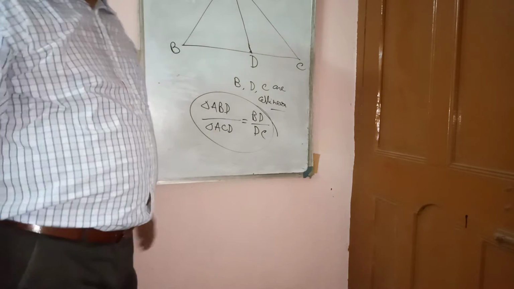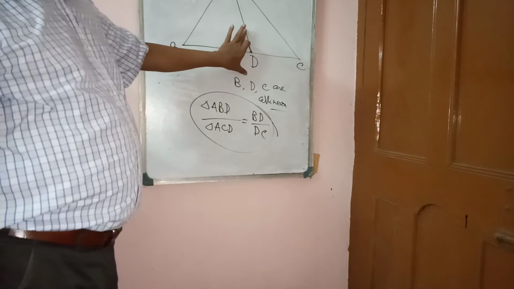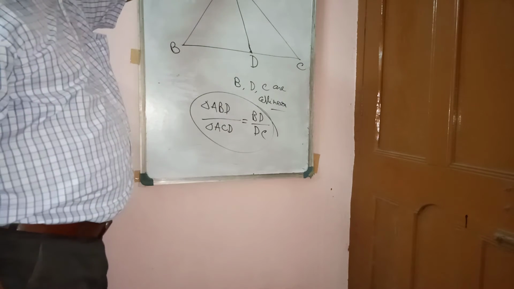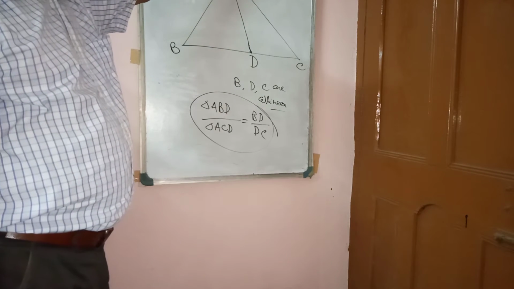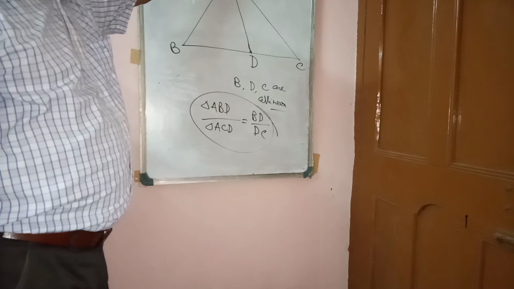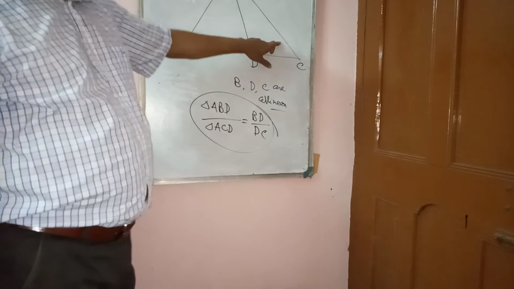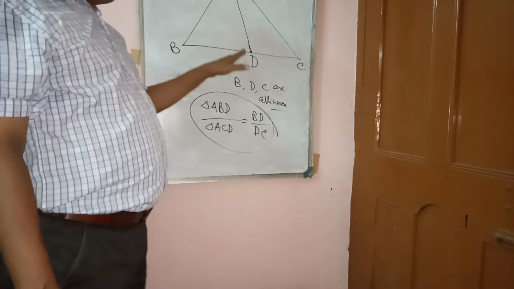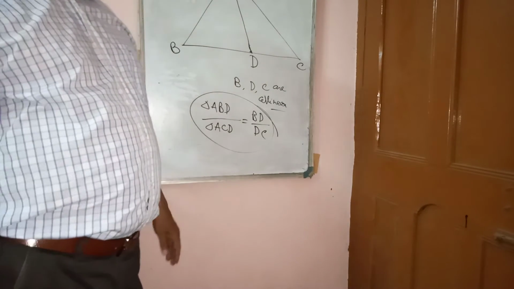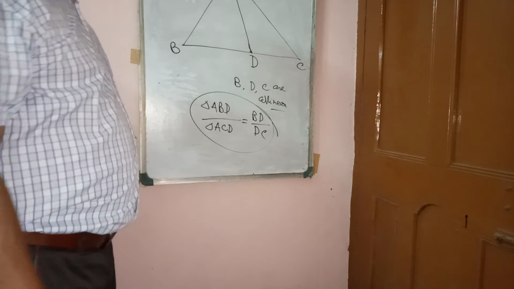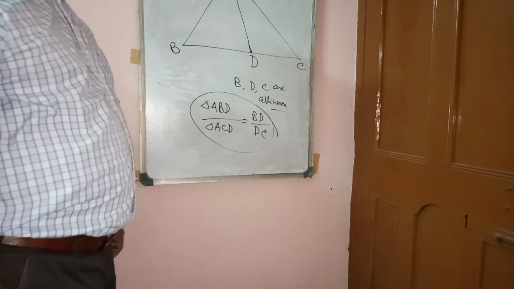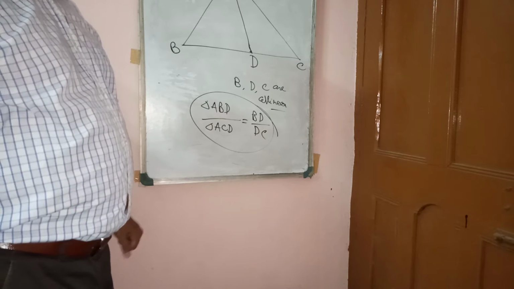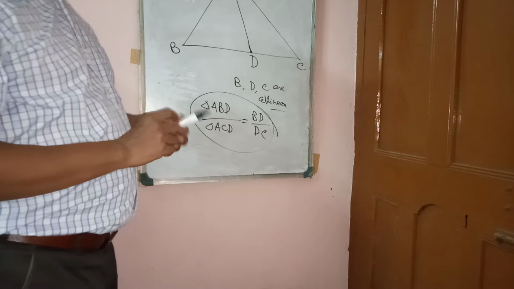Keep in mind, ABD triangle and ACD triangle having common vertex A, and their bases BD and DC are in the same straight line. That means the points B, D and C are collinear. Then we can say the area of triangle ABD by area of triangle ACD equals BD is to DC ratio. Okay, how to prove?